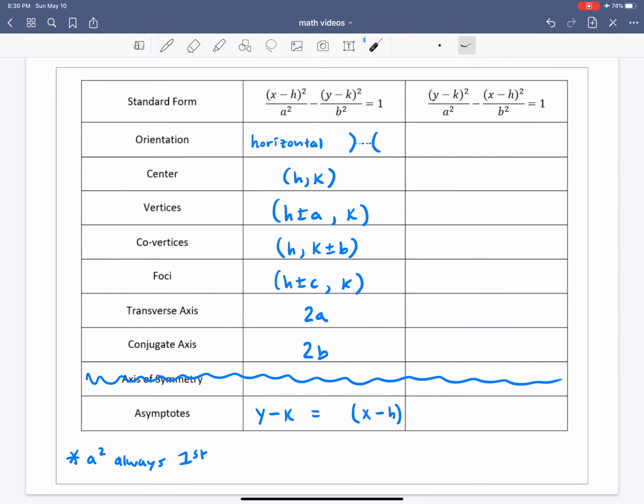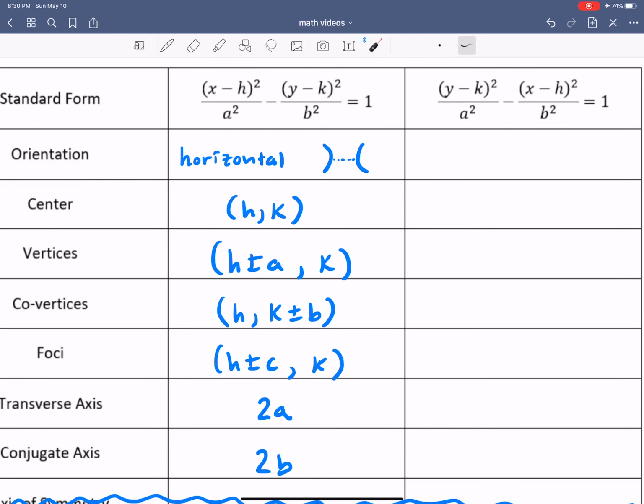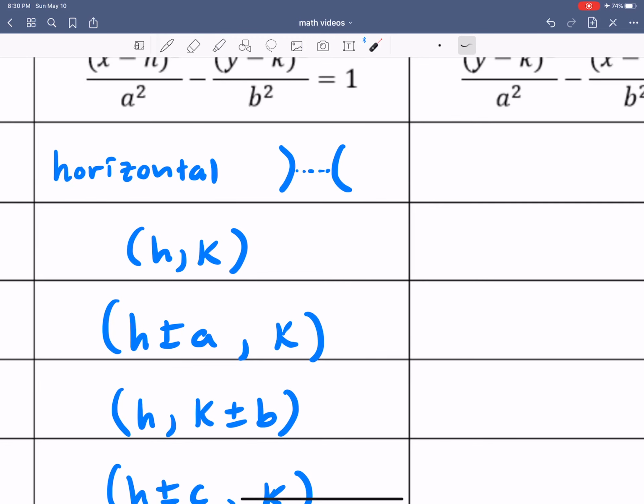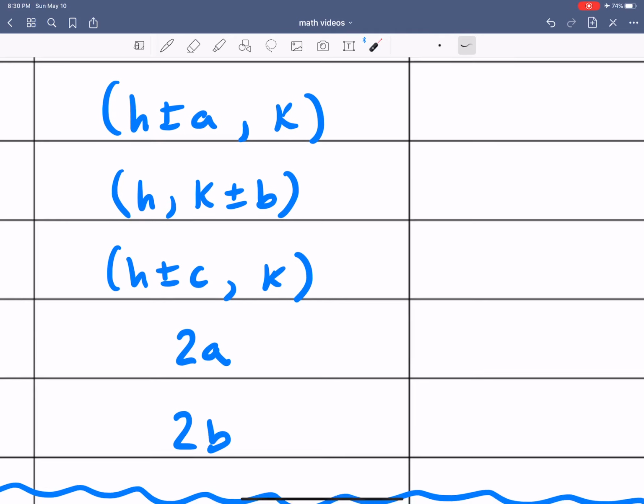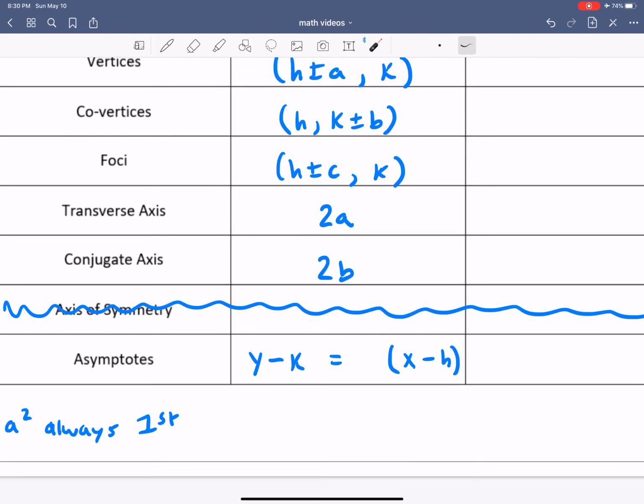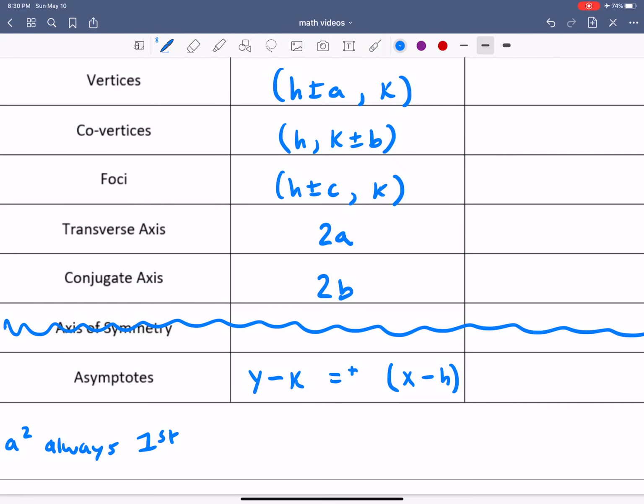Look at this little miniature hyperbola I drew. Do you rise a or do you rise b? Well, with an ellipse or a hyperbola that's oriented horizontally, you rise b and you run a. So our slope of those asymptotes are going to be plus or minus b over a. Rise b, run a.